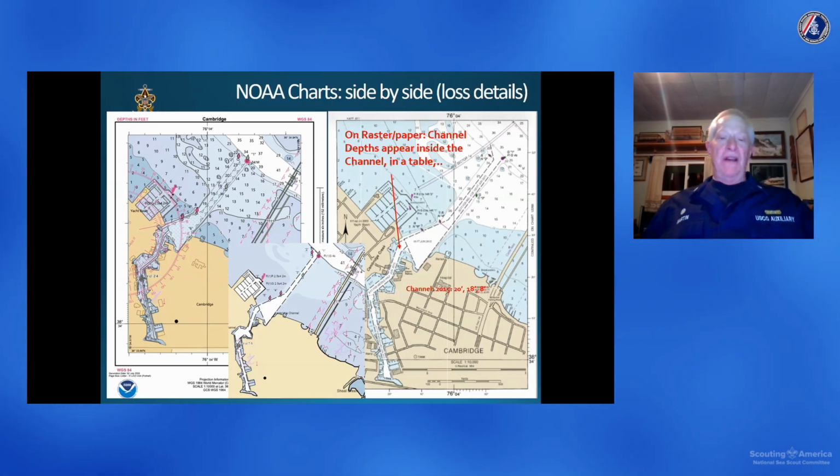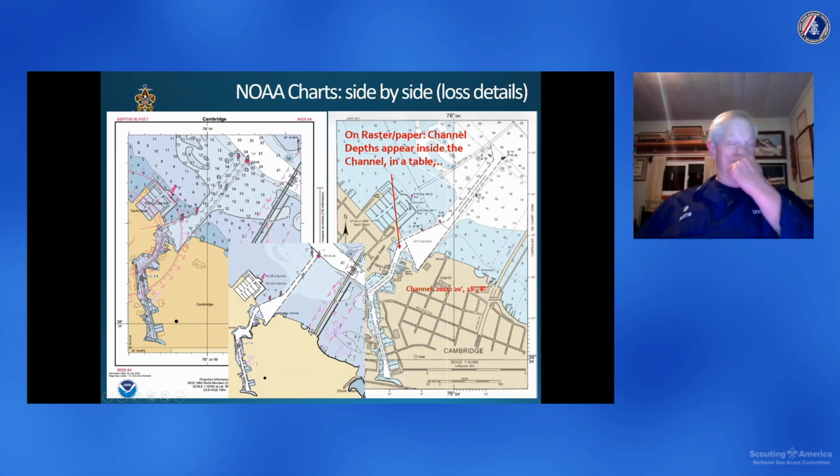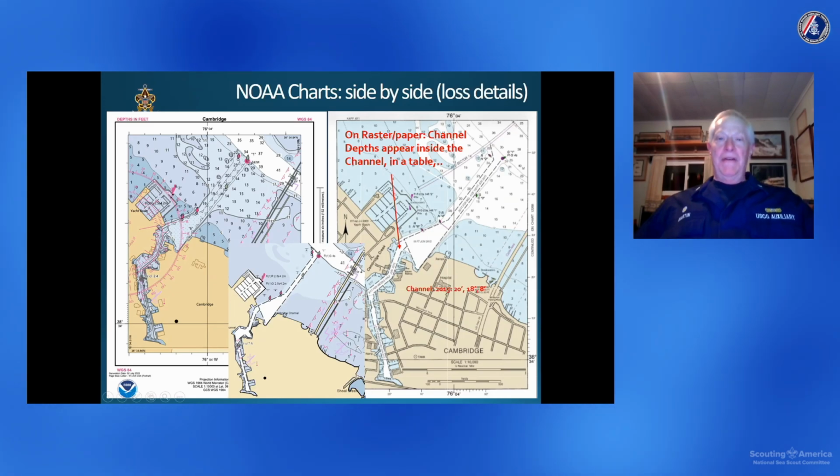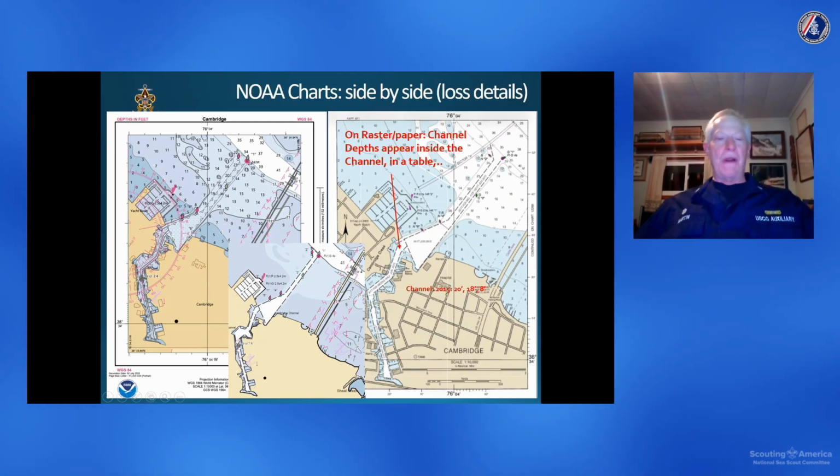On the left-hand side, you don't. And the ENC on the bottom, the little inset on the bottom, doesn't have any depths. You have to interrogate the area to find out what the depth units are in that little channel leading into the harbor. So if you don't do it ahead of time, you could be wondering what's going on.